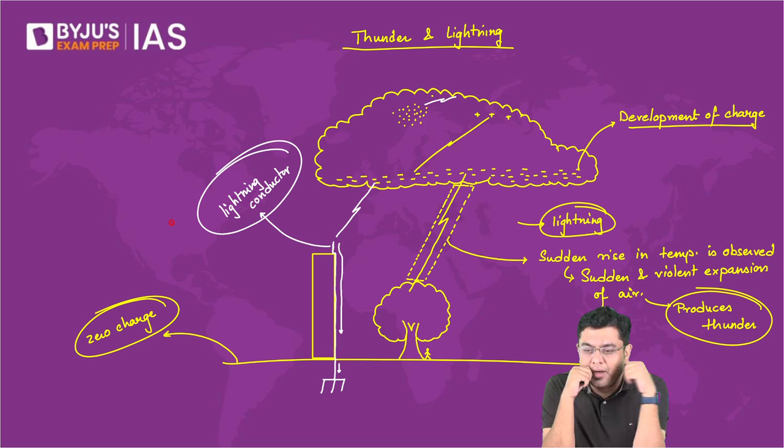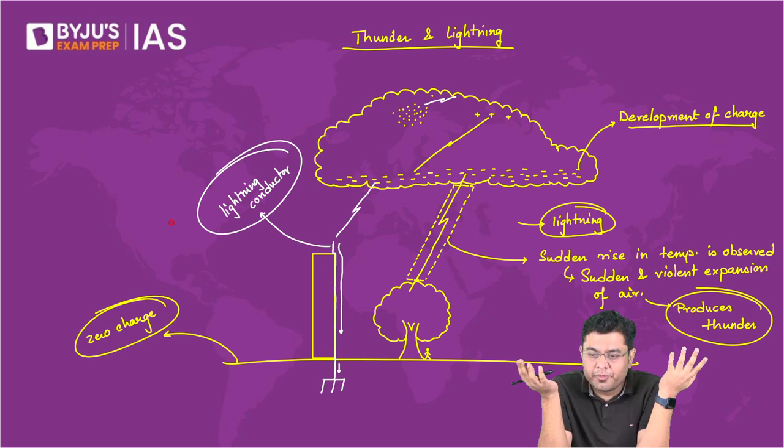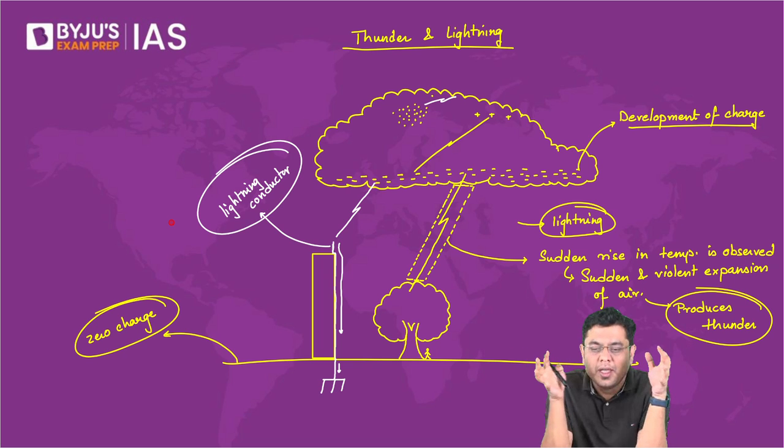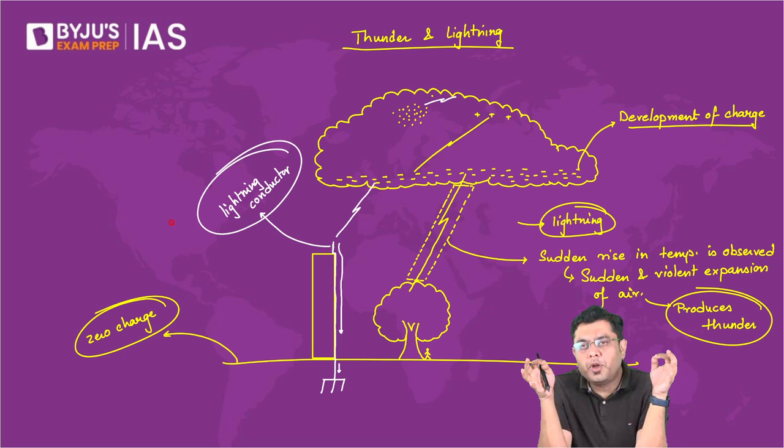But sir, thunder occurs due to collision of clouds. How can that happen? Who told you this? So many of us have gained so many preconceived notions from earlier. It is not as if thunder occurs due to the collision of clouds. Clouds are made up of very small ice particles.